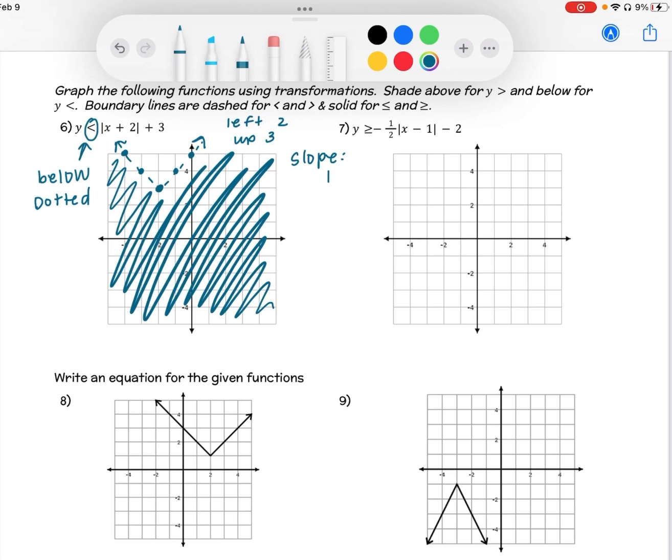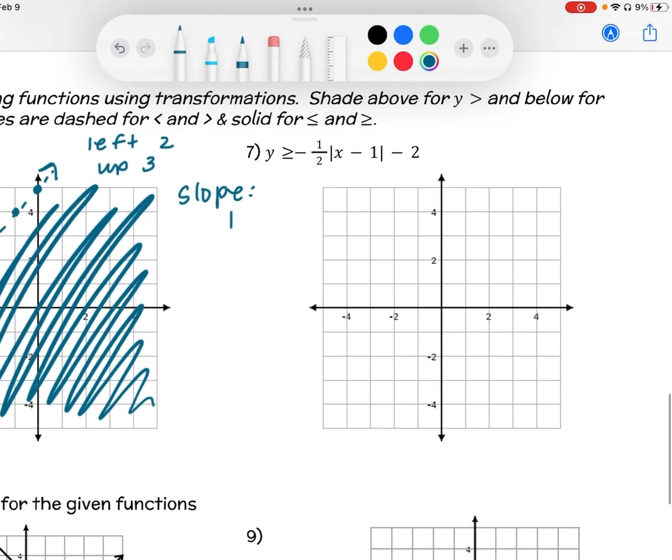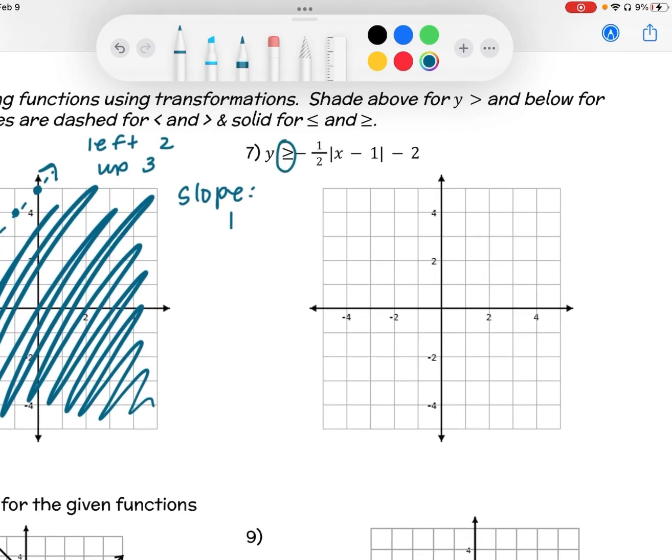All right, and then for number 7, we have this symbol. So that means we shade above because it's greater than, and it's going to be a solid line. Okay, something different that we have now, we have this negative 1/2. Whatever number is outside is our slope.